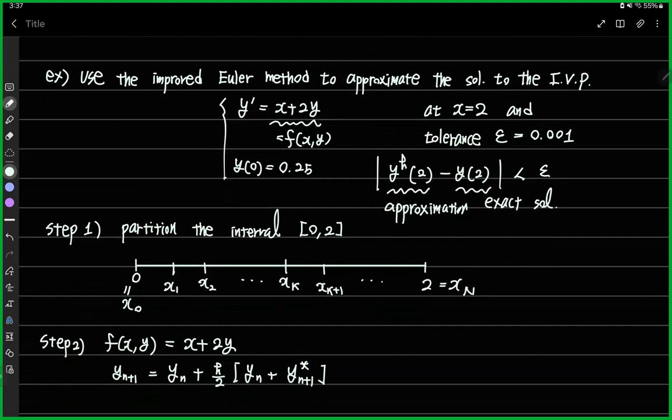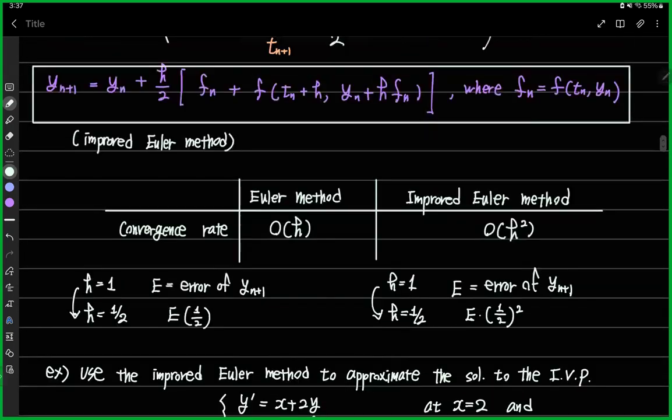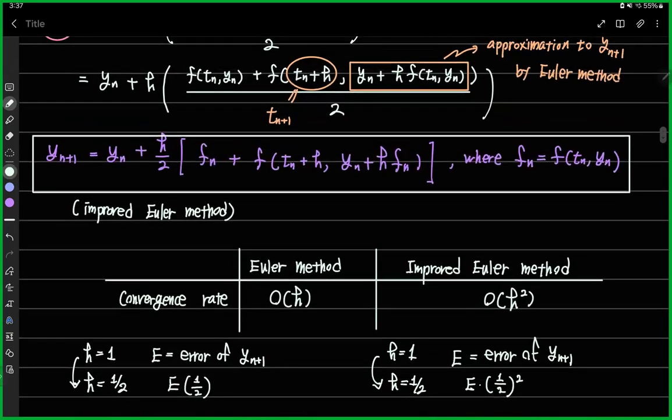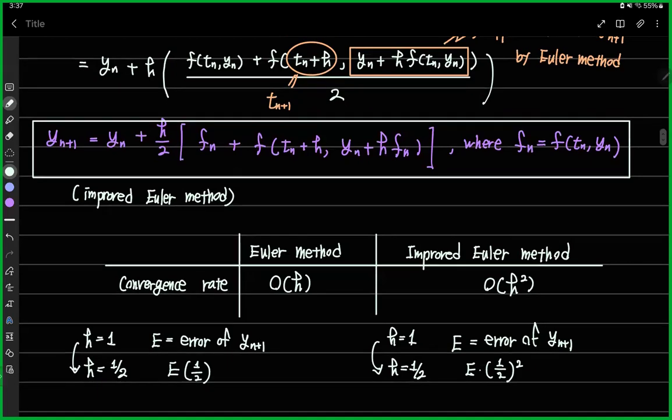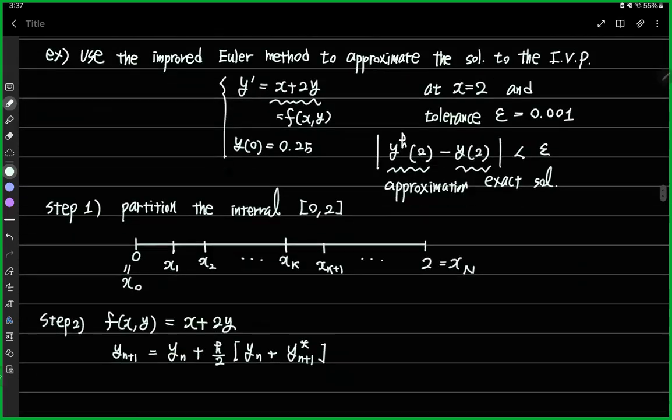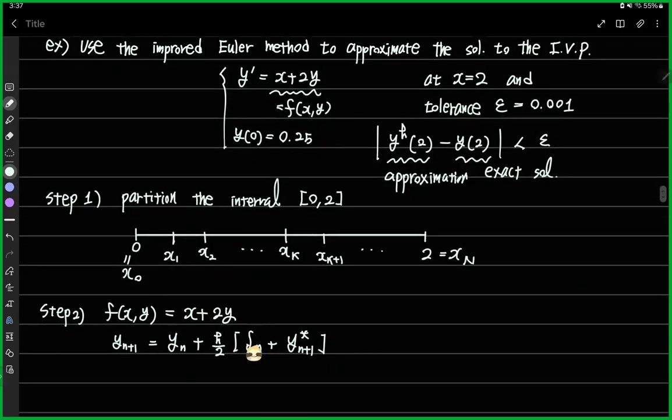Oh, by the way, did I miss that? This should be f sub n, right? Sorry, it's confusing. It should be f sub n. Okay, let me just use f star.